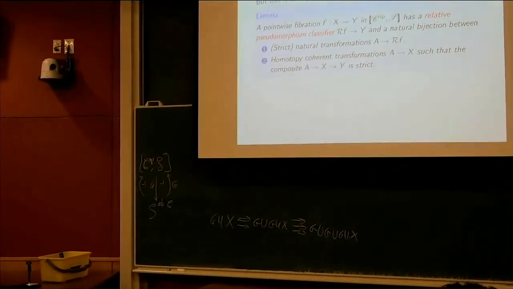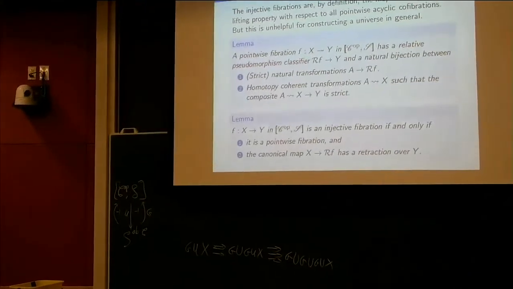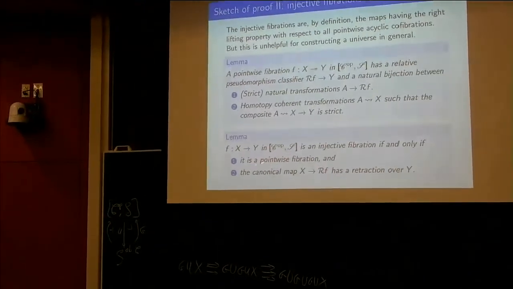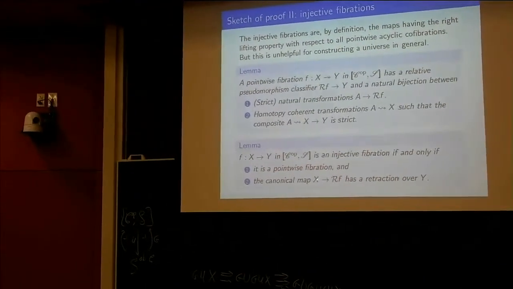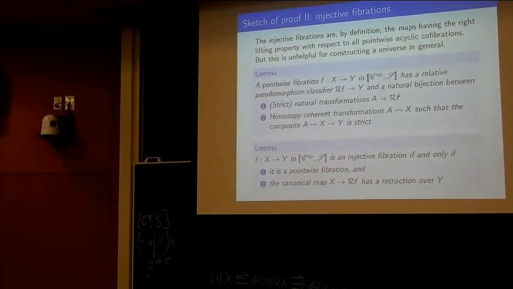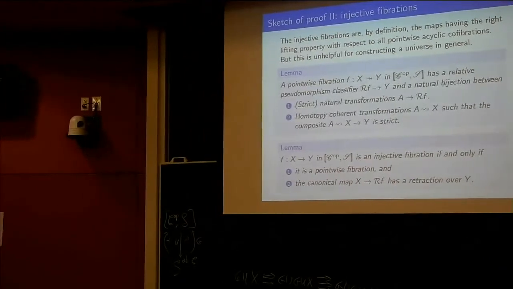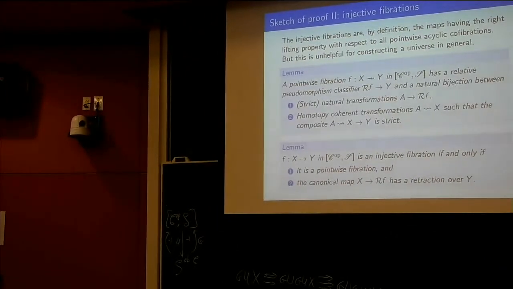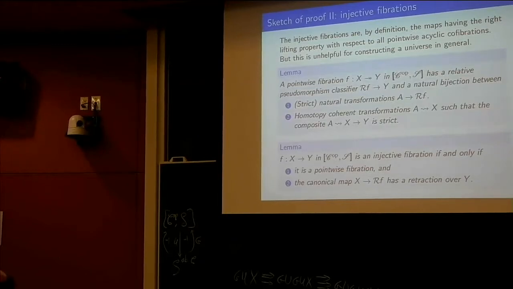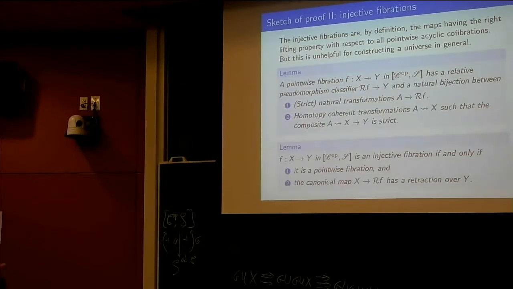Okay. So the characterization is that a map is an injective fibration if and only if it's a pointwise fibration, and the map from X to this classifier has a retraction over Y. In two-categorical language, these are the co-flexible objects.